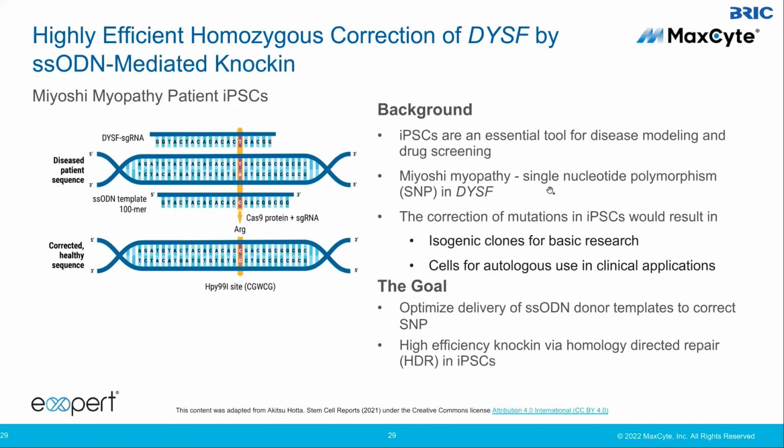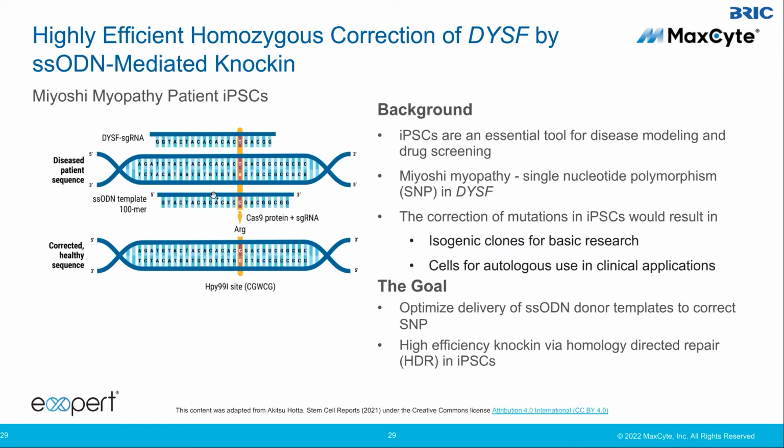In these cells, there's a single nucleotide polymorphism which introduces a premature stop codon. So to generate an isogenic clone for basic research, the goal here was to electroporate CRISPR-RNP with a 100 nucleotide DNA donor template, and basically to convert the stop codon to arginine.